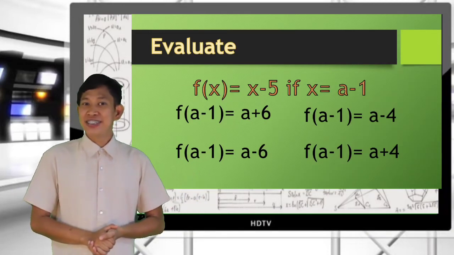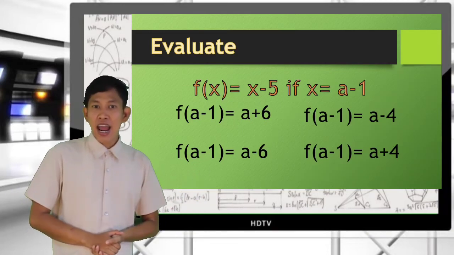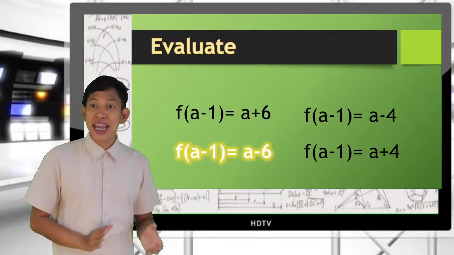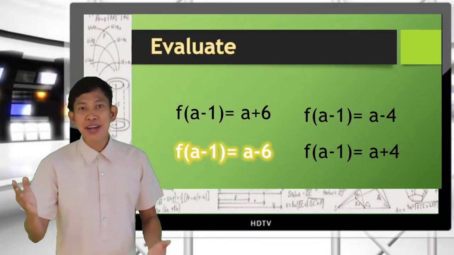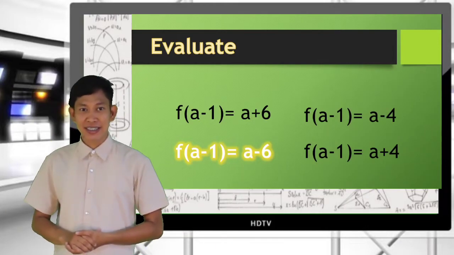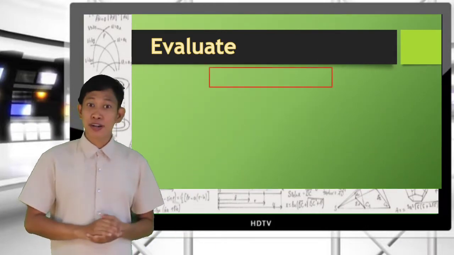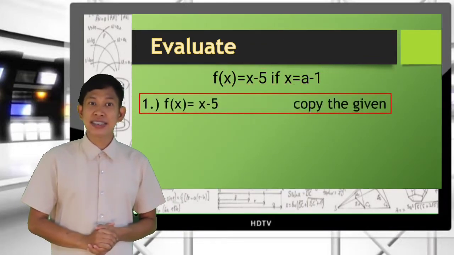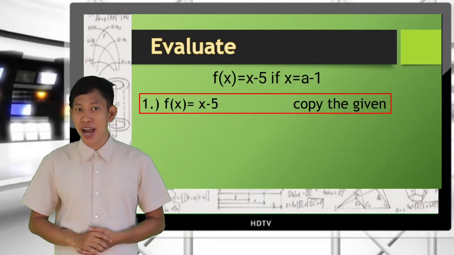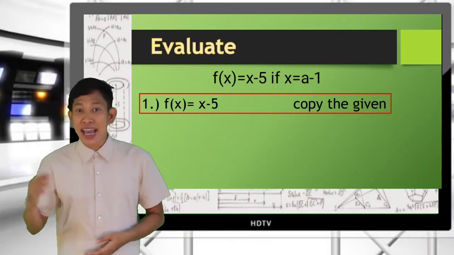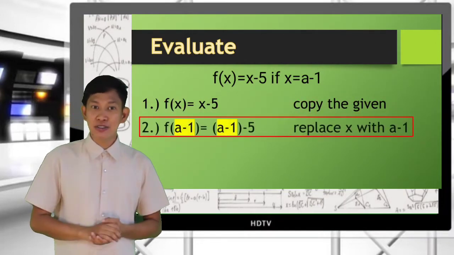Alright, the answer is f of a minus 1 is equal to a minus 6. Very good! So let's show the solution. So first step, copy the given. So we have f of x is equal to x minus 5. Second step, we replace x with a minus 1.